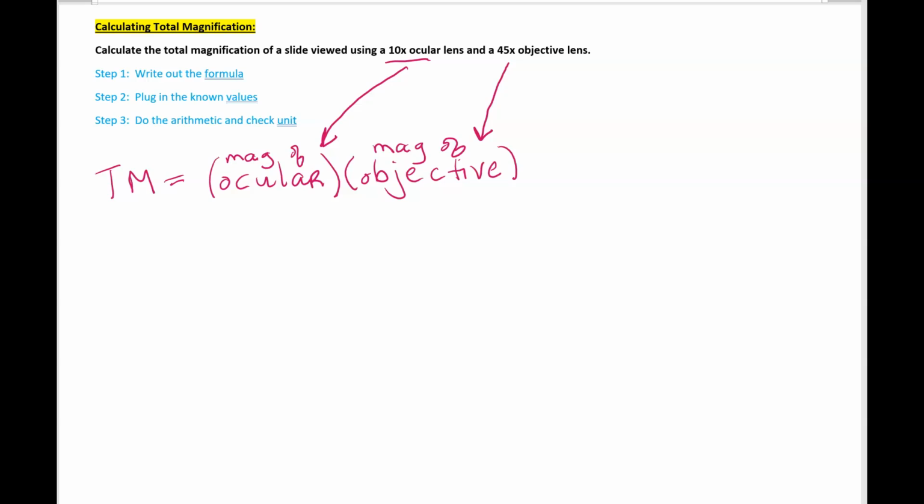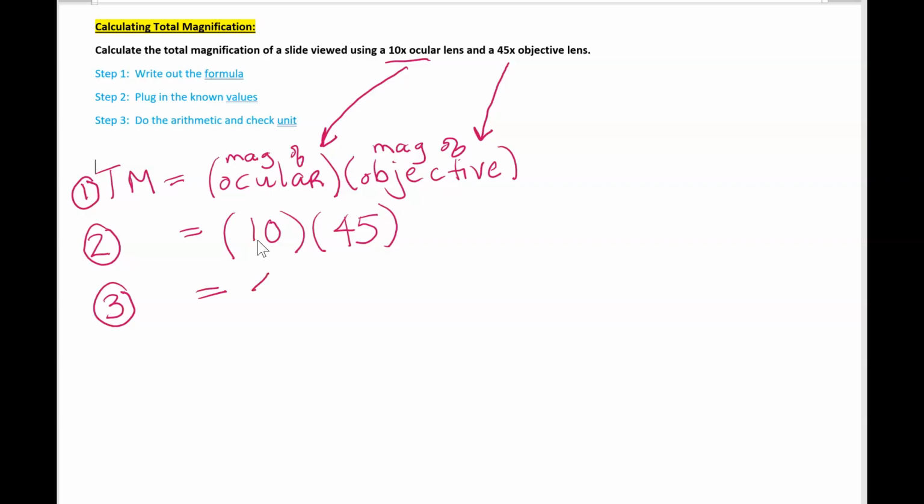The next step is to plug in those numbers. So I'm going to plug in my numbers. And then I do the arithmetic, which is step 3.